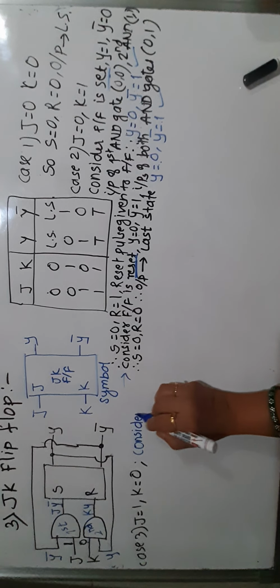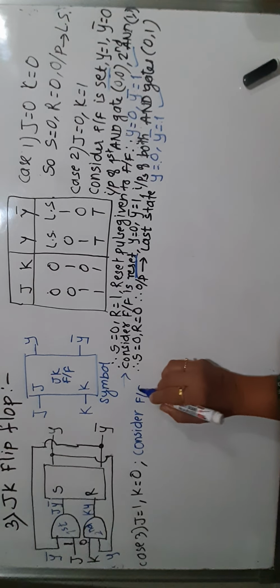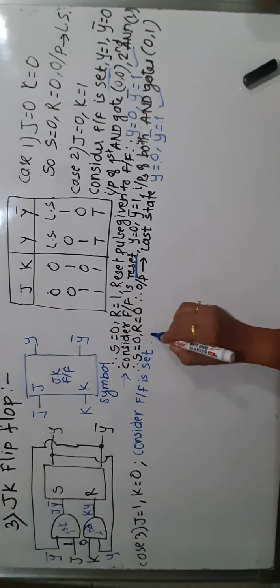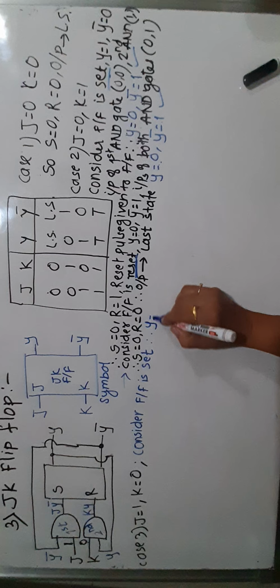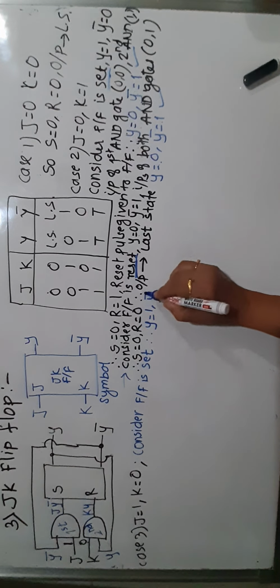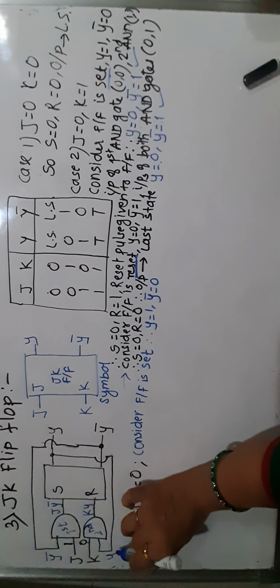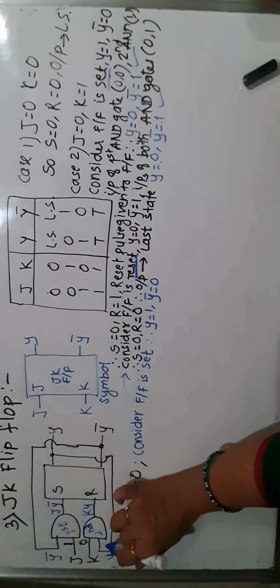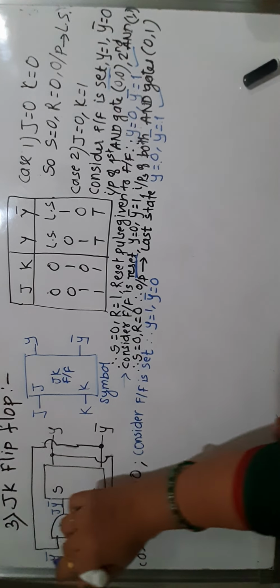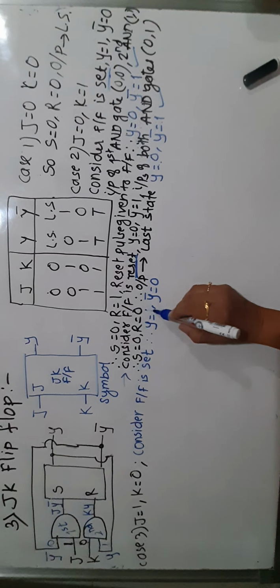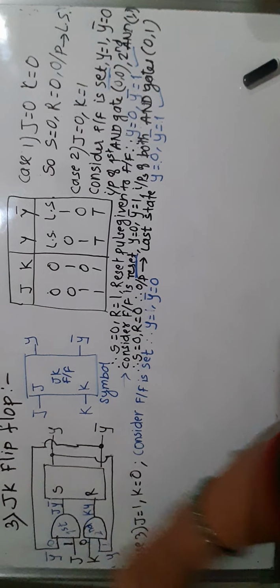Consider flip flop is set, therefore y equal to 1, y bar equal to 0. Now y is 1, here 1, and y bar is 0. Okay, flip flop is set means y is 1, y bar is 0.